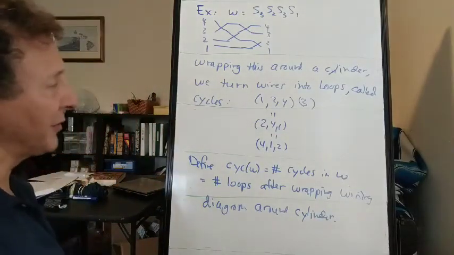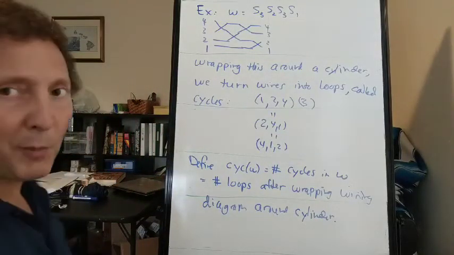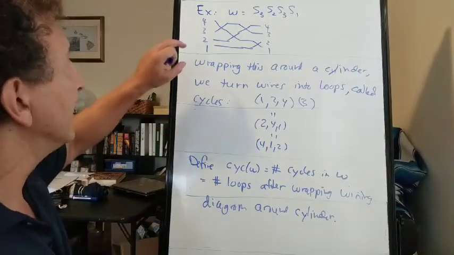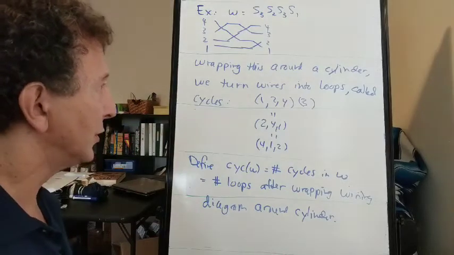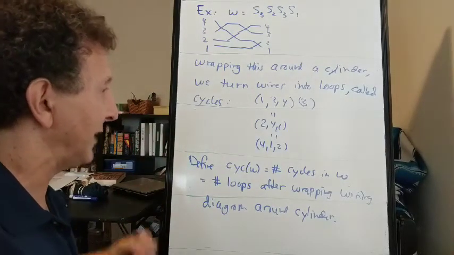And the sizes of those cycles are going to form a partition of n, because every one of the letters 1 through n is going to end up in a cycle. So the cycle sizes just have to add up to n.